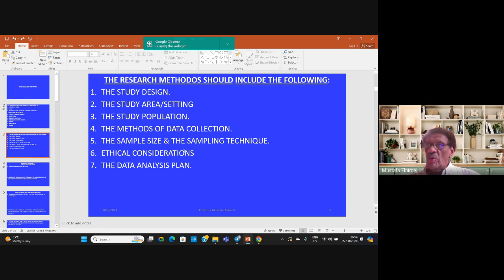In addition, we have to state clearly that we are going to get informed consent from each participant before interviewing him or her. In addition, we have to describe the data analysis plan and which elements are to be included, whether it is univariate analysis or bivariate or multivariate with the program that you are planning to use.